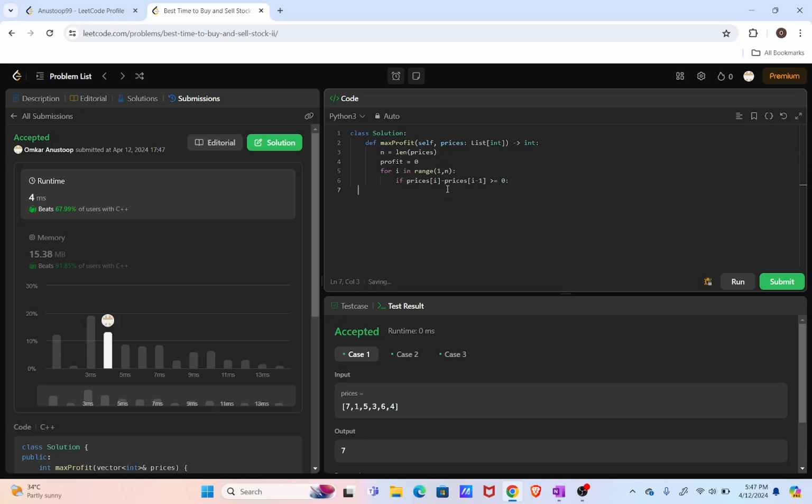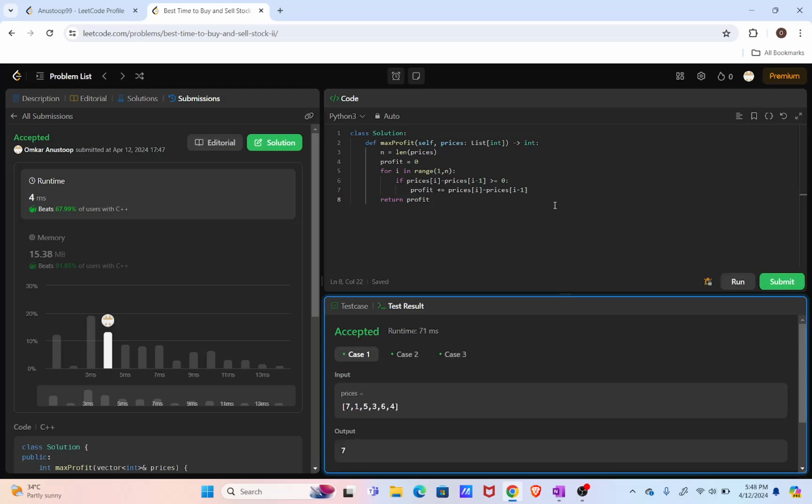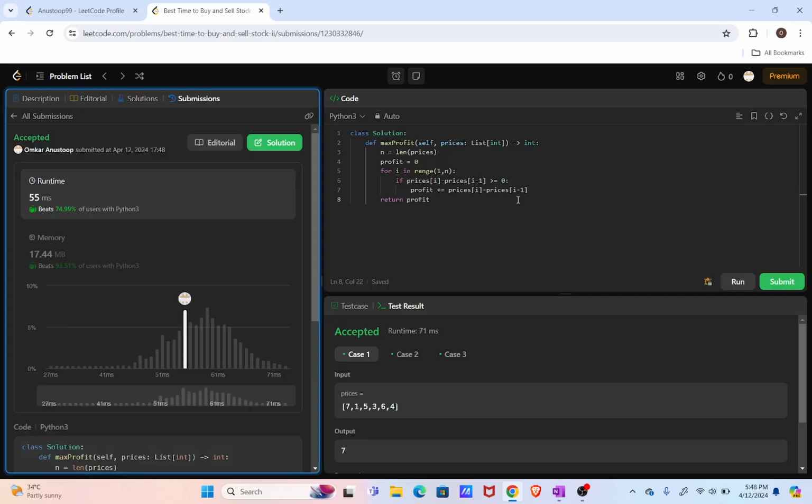Then you can do the exact same thing as we did in C++. Profit plus equals prices of I minus prices of I minus 1. And then you return profit. That's it. This should work. Accepted. Let's try to submit. Accepted. So that's about the code implementation.